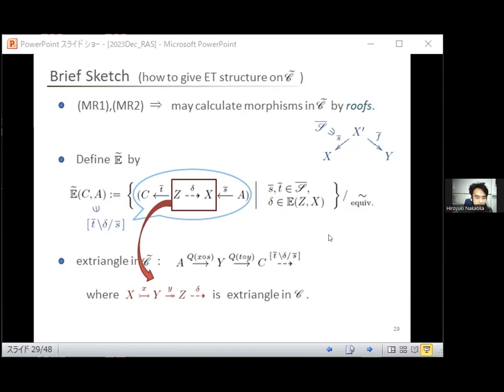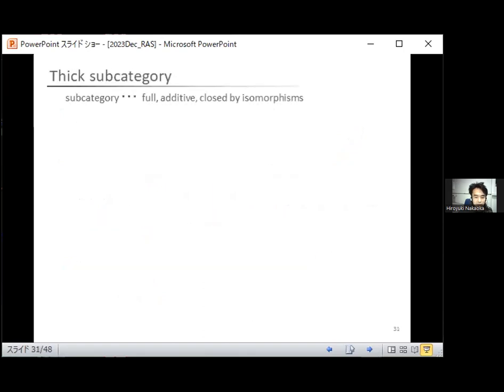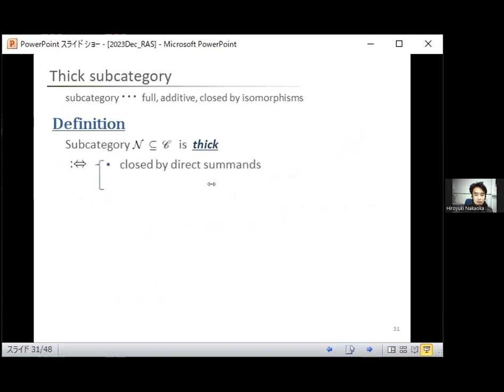In the remaining time, let's see how we can recover the known localizations. Let us introduce the notion of a thick subcategory. Well, a subcategory is assumed to be full, additive and closed under isomorphisms. Such a subcategory is called thick if it is moreover closed under taking direct summands and satisfies the 2 out of 3 condition for conflations.